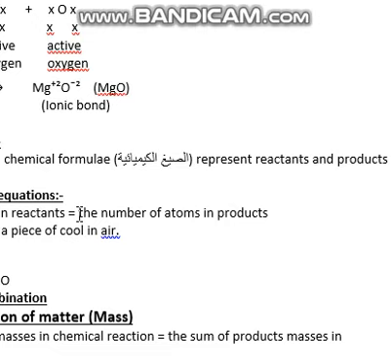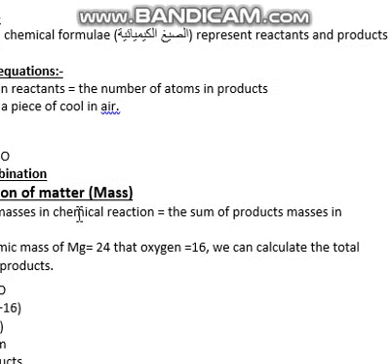This is before balancing. You have two oxygen atoms in the reactant producing one oxygen in the product. What happened? Put two in front of magnesium oxide and then two magnesium in the reactant. So you can solve this problem.